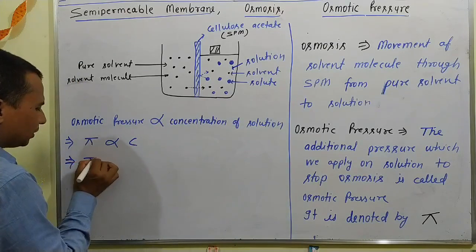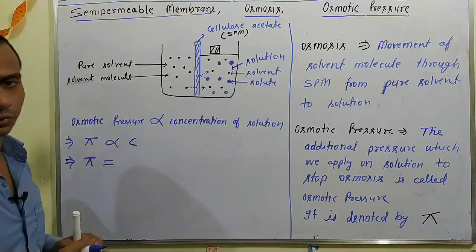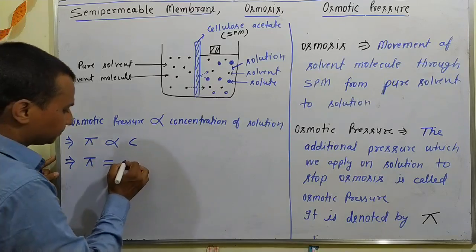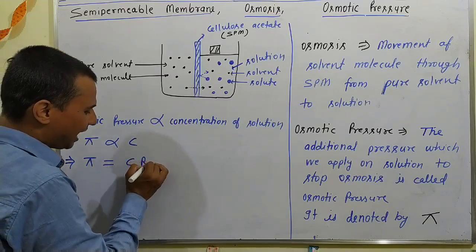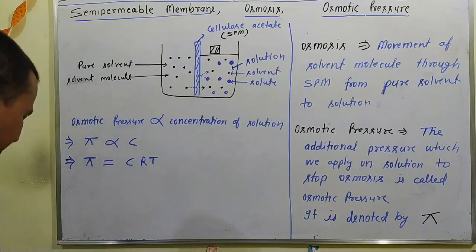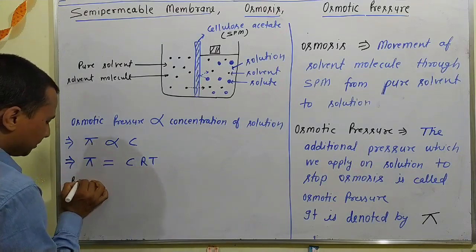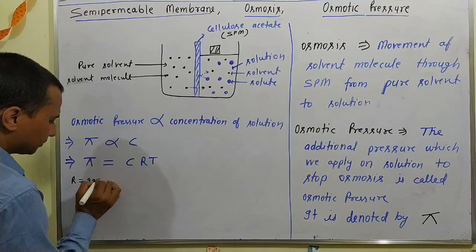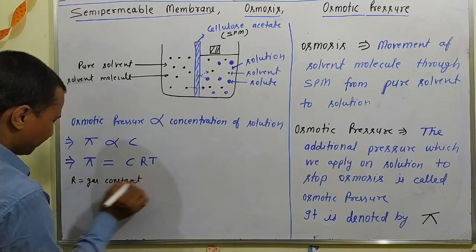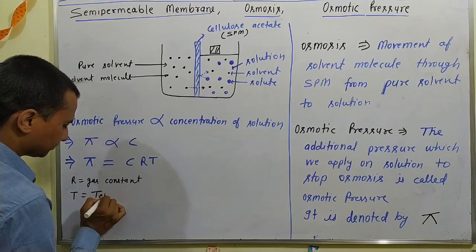Now pi equal to, when we convert proportional to equal to, we use some proportionality constant, that is CRT, where R is the gas constant and T is the absolute temperature.